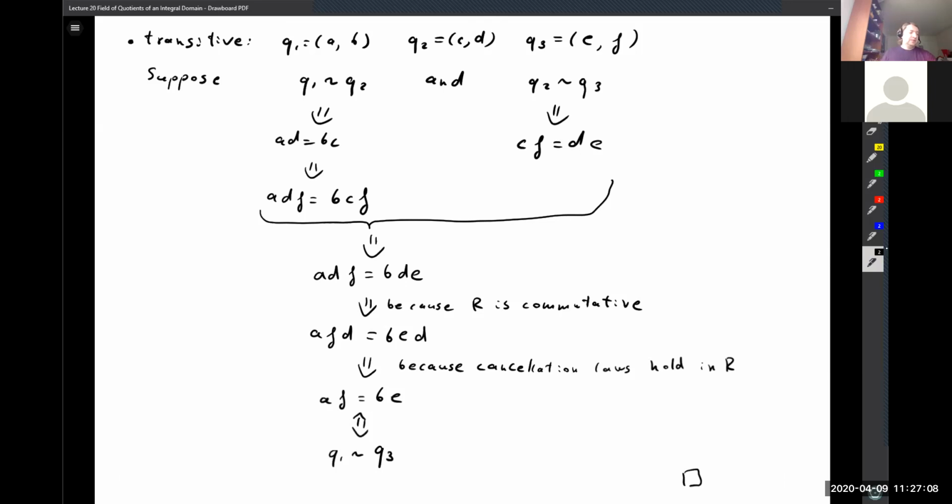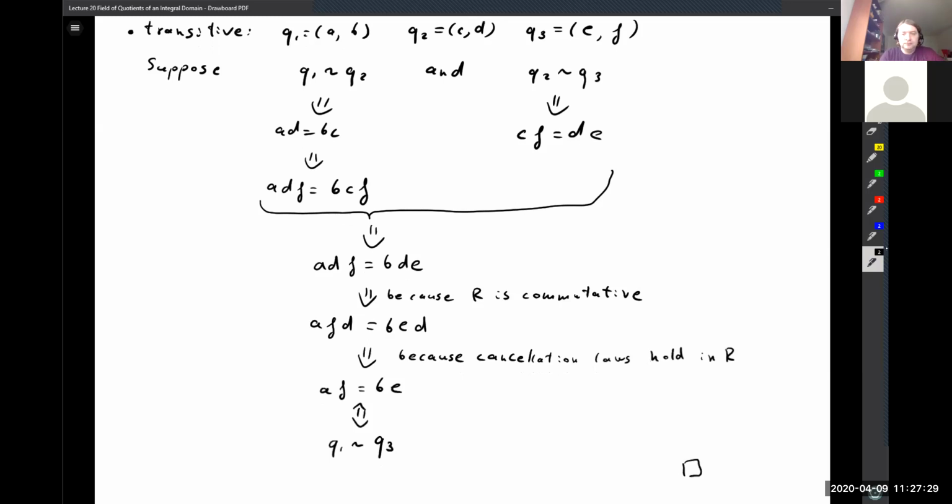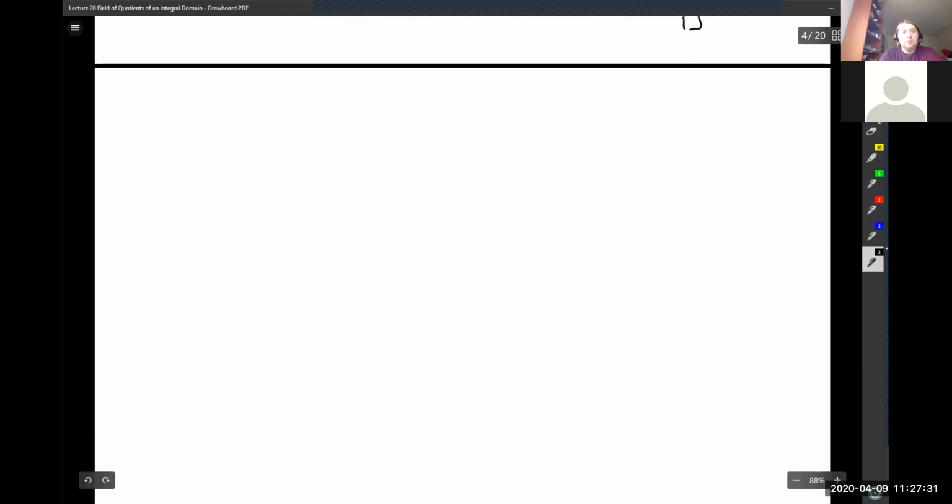Any questions so far about definition 1 or the following lemma? So since the tilde is an equivalence relation, this allows us to talk about equivalence classes modulo this relation.